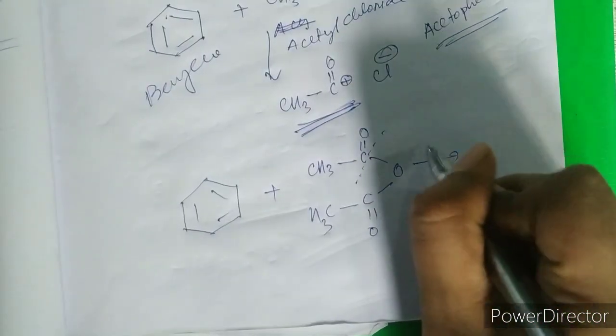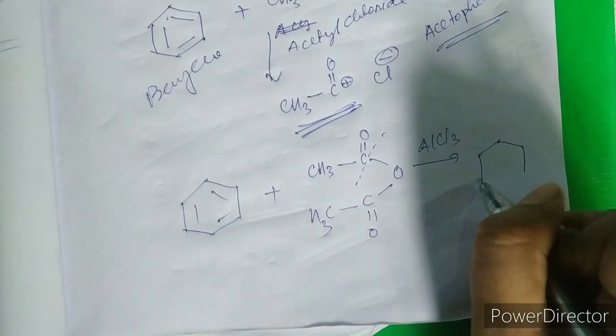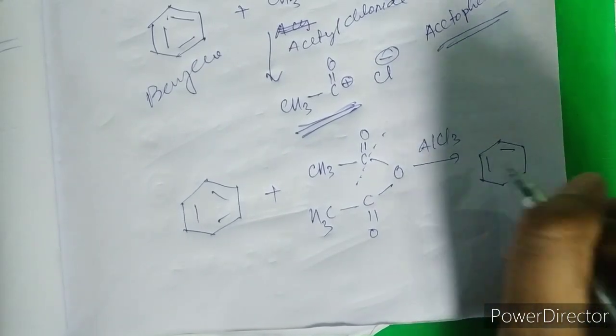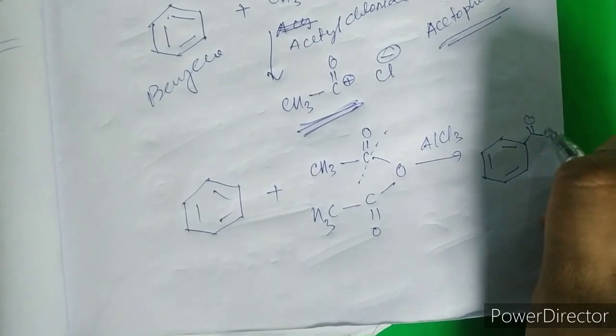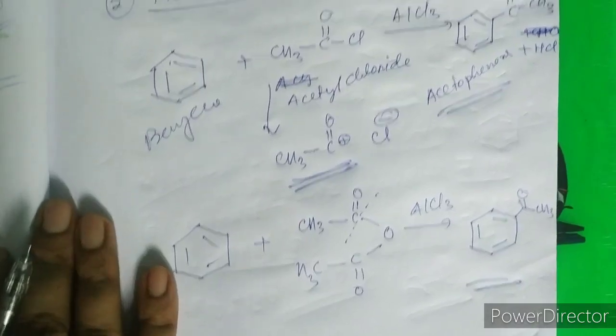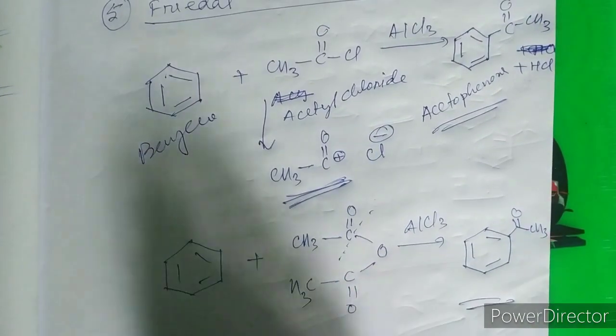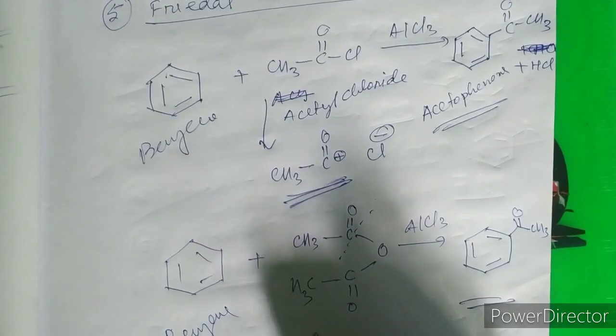So we will get the same product, with AlCl3. You can take this screenshot, it is very important. Acetic anhydride.